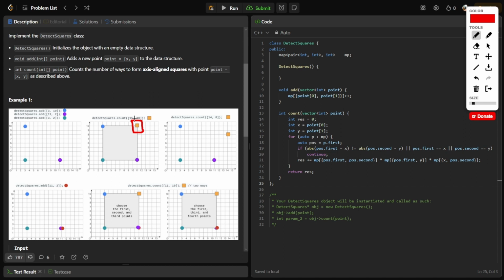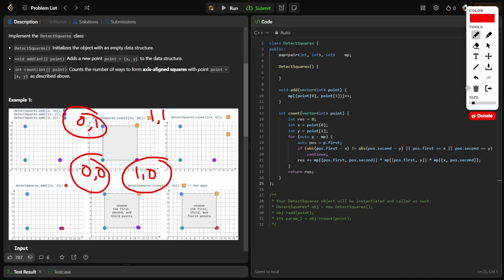Let's say we have 0, 0, and then 1, 0, 0, 1, and 1, 1. Let's say these points are stored in our data structure, and this is what we were given.